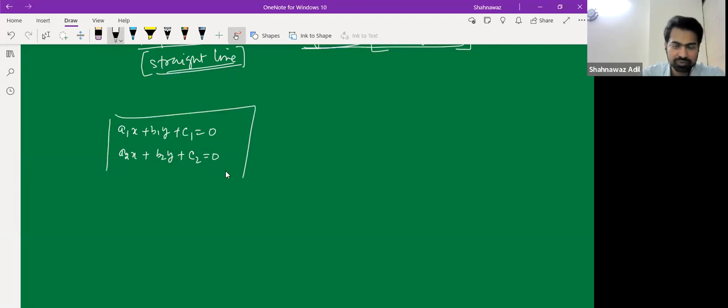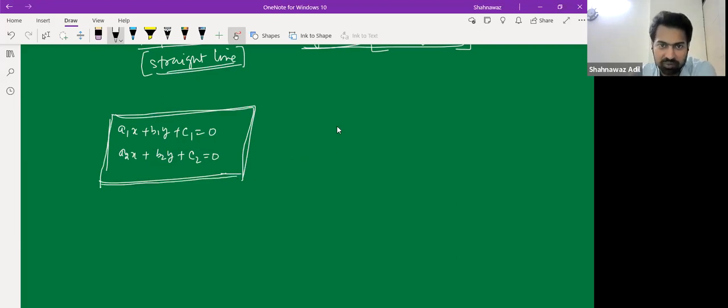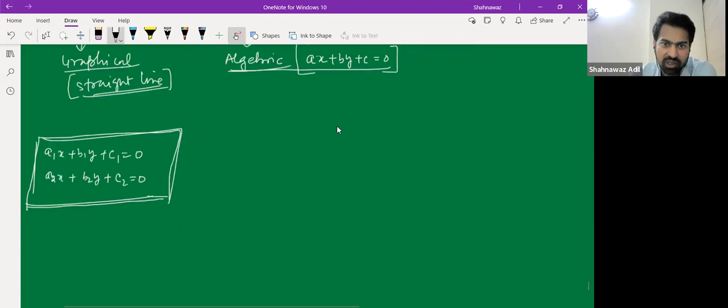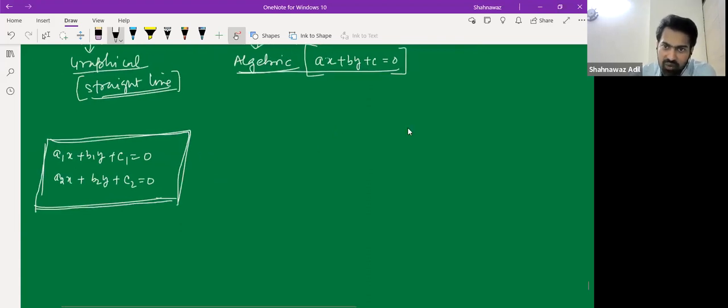Right. Yes, sir. So we have now represented this algebraically and graphically. Now we have to find whether the solution of these equations exists or not. From the graph, we saw that there may be three scenarios. One would be that the lines are parallel. If lines are parallel, there would be no solution.